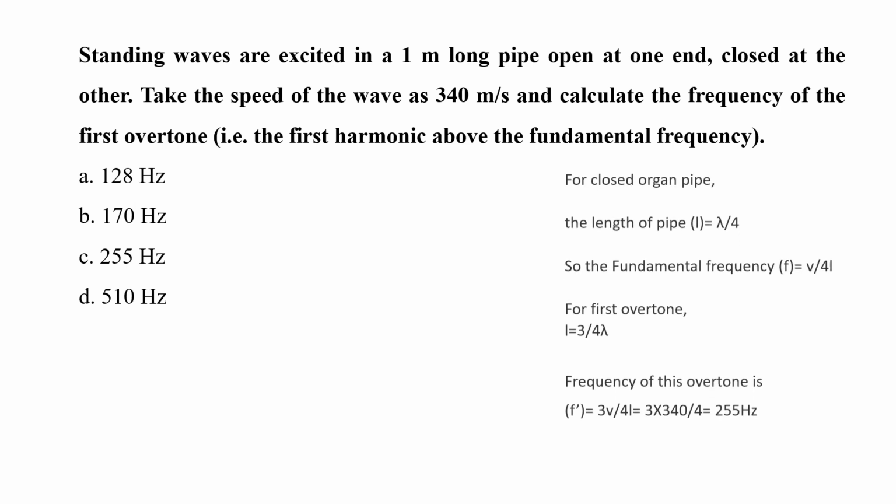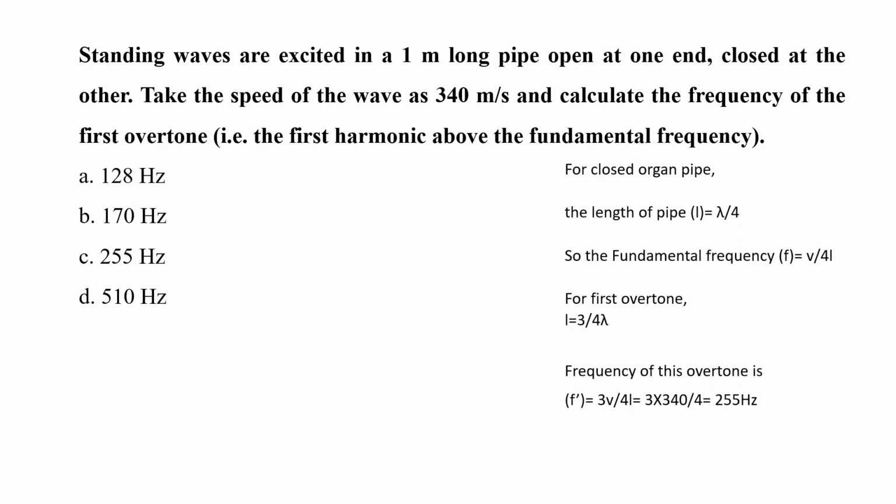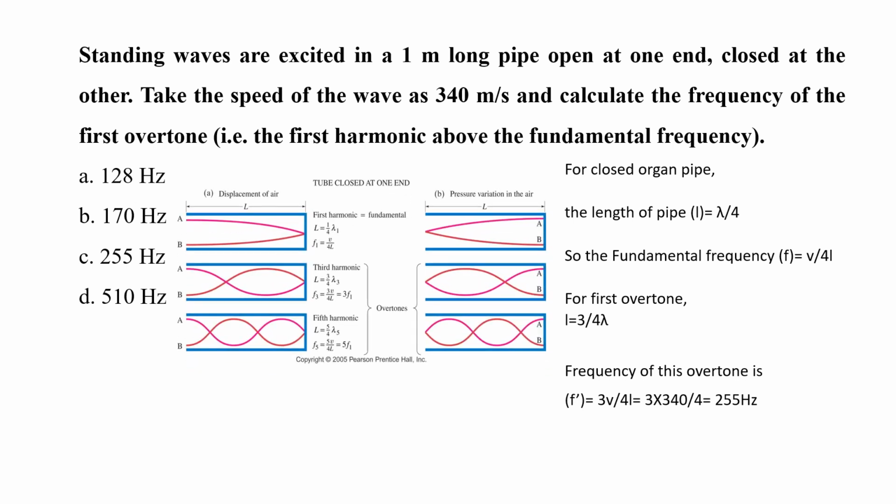Now, a pipe open at one end, closed at the other, is called a closed organ pipe. For such a pipe, the length is equal to lambda by 4 of the wave. So, the fundamental frequency is given by V by 4L. For the first overtone, the length is equal to 3/4 of the lambda.